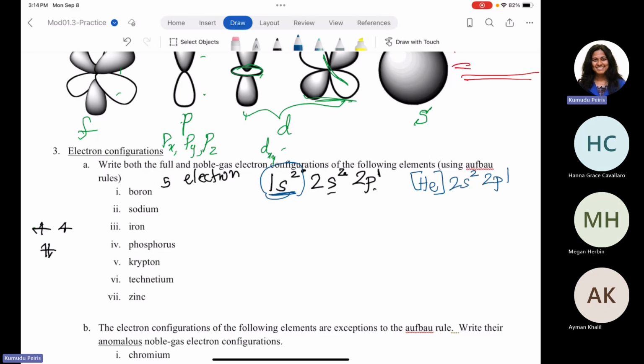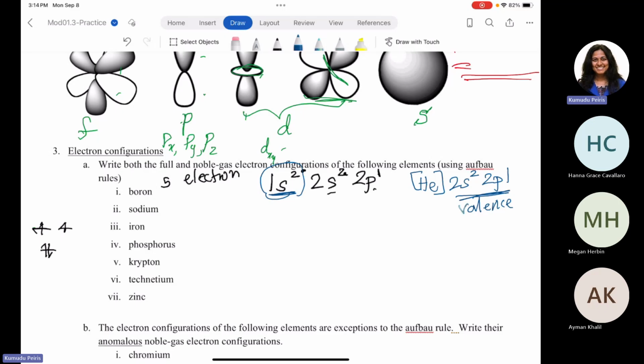Whatever is outside or beyond the noble gas configuration is the valence electron configuration. This is the valence shell, or the outermost shell.